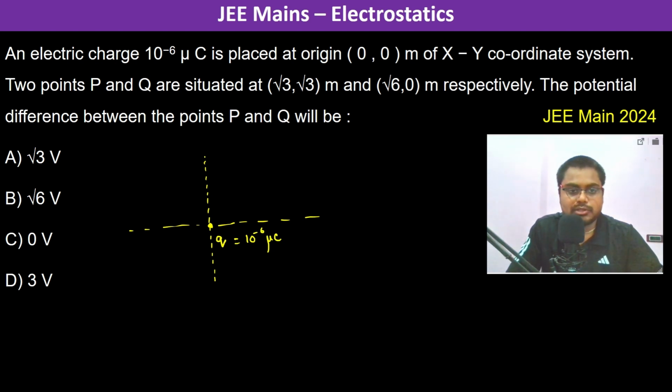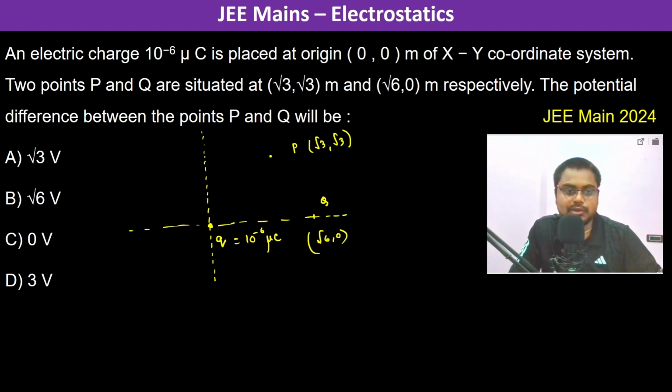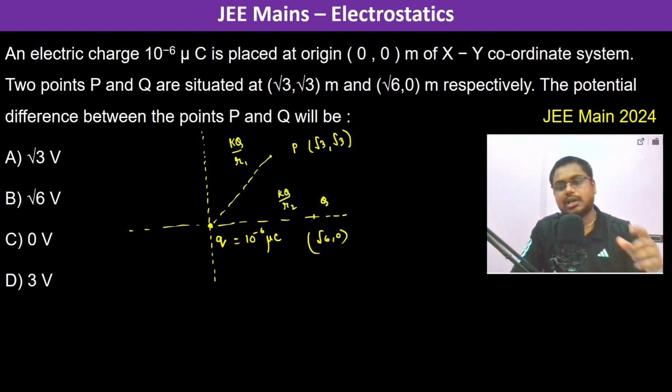The points P and Q are situated at, this is point P, which is root 3 comma root 3, and this is root 6 comma 0, which is the Q point. We want the potential difference between the points P and Q. So here the potential is kq by r1, and here it's kq by r2, where r1 and r2 are the distances from the origin.